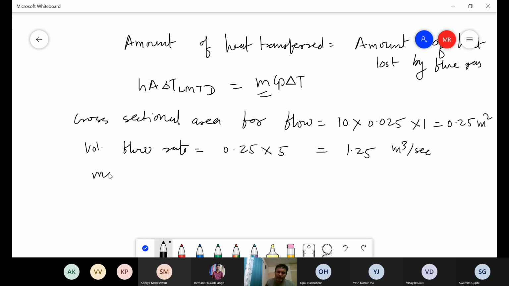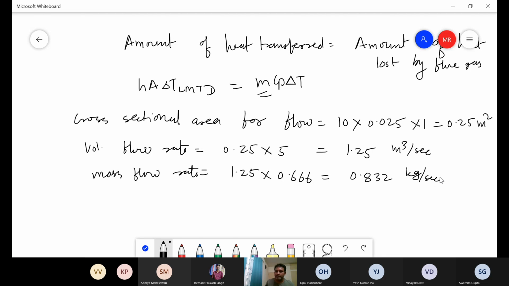And the mass flow rate in this case is going to be what? Volumetric flow rate into density. So that becomes 1.25 into density. Density is given as 0.666. So this becomes 0.832 kg per second.